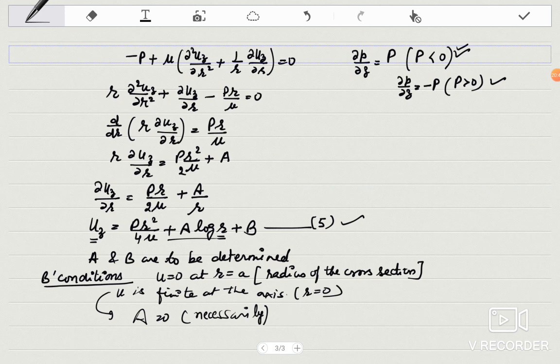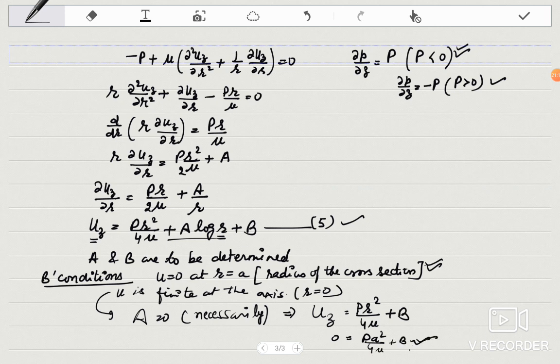So you are left with uz is p r square upon 4 mu plus b, and we will apply this condition for u is equal to 0 at r is equal to a. This gives 0 is equal to p a square upon 4 mu plus b. So in this way you get your b.